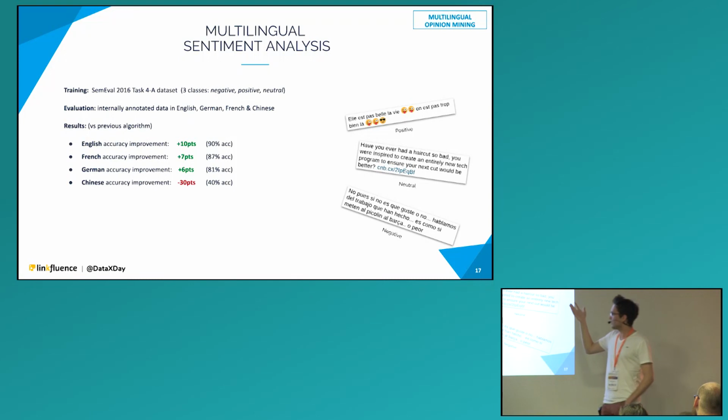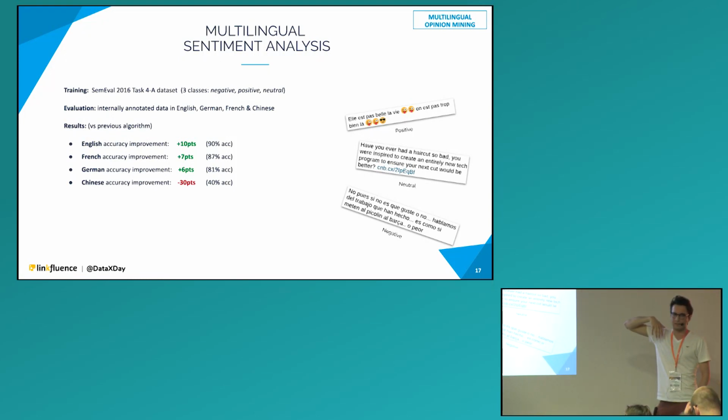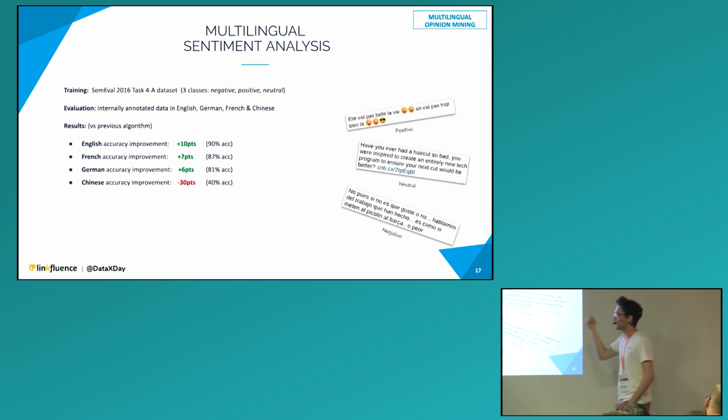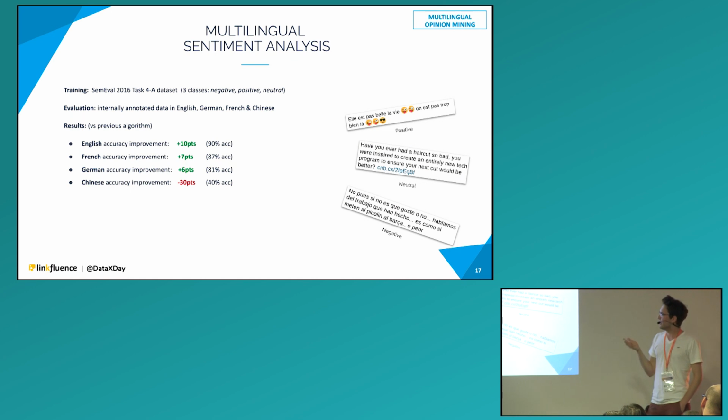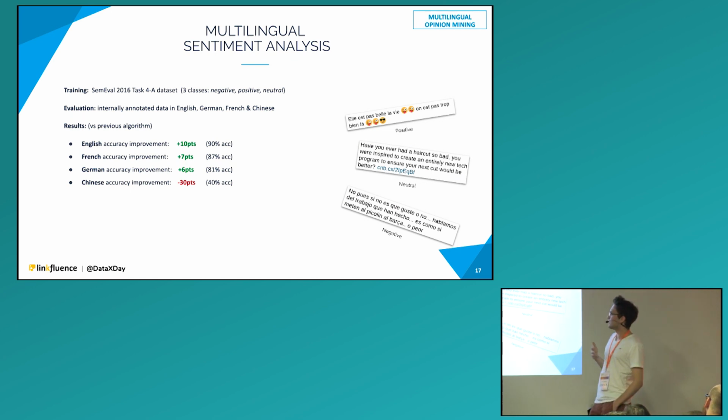And here are the results from the manually annotated data internally. English, French, German: there is a big improvement compared to our previous algorithm, around 6 to 10 points of accuracy. So that was really nice for us.